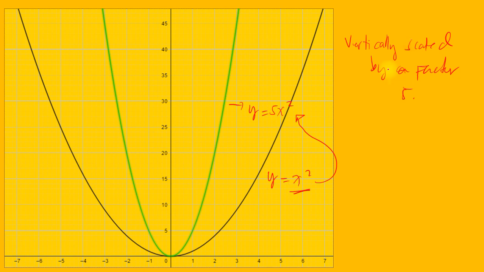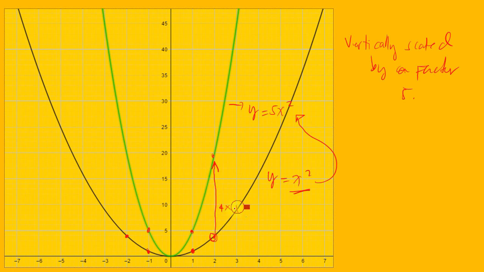If you consider this is 1 and this is 4, and you multiply this by 5, you'll get 5, because 1 times 5 is 5, and 4 times 5 is 20, which is this one. So from this to this one, that is 4 times 5.